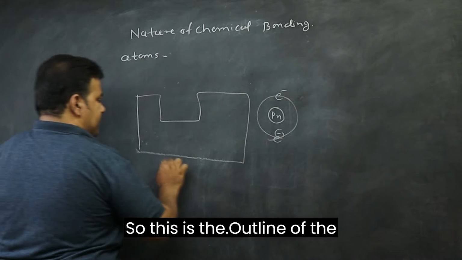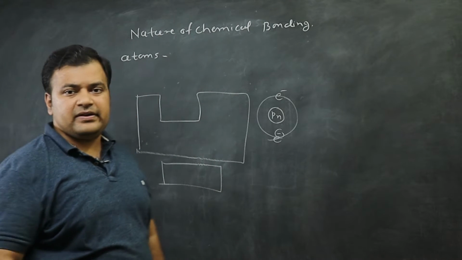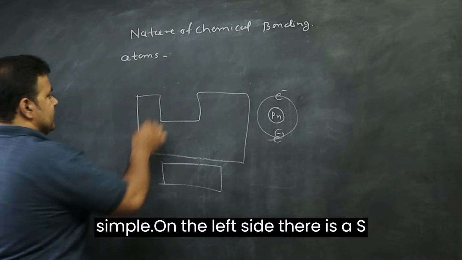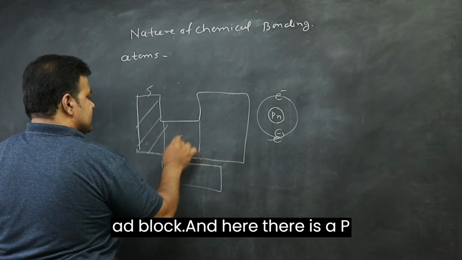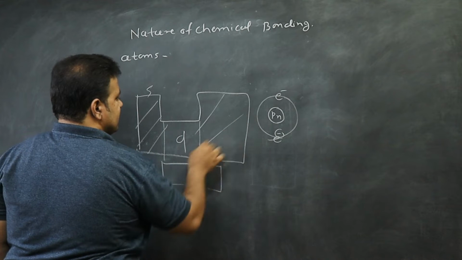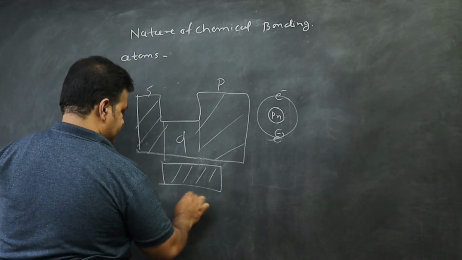So this is the outline of the periodic table. I will make it very simple. On the left side there is an S block, in between there is a D block, and here there is a P block, and last one is the F block.